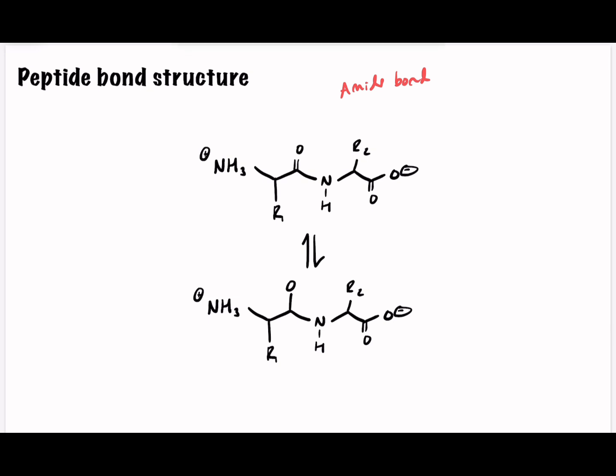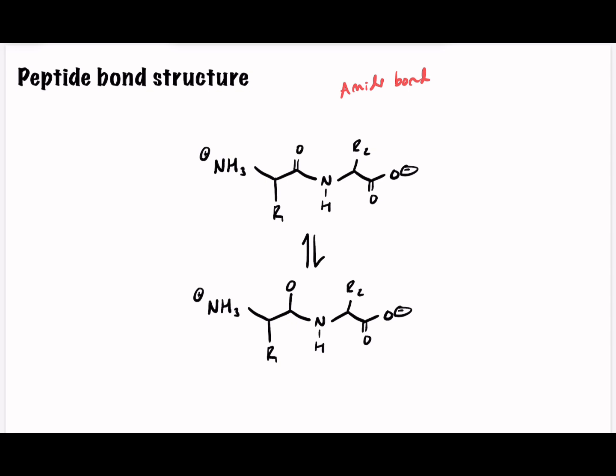Okay, and one thing to note about this bond is that it does exhibit partial double bond character, which means there are resonance structures related to this bond. And as a result, it does have a relatively rigid structure and restricted rotation about it. So whereas you will have rotation around other bonds in a peptide, you can always assume that this bond is relatively rigid.